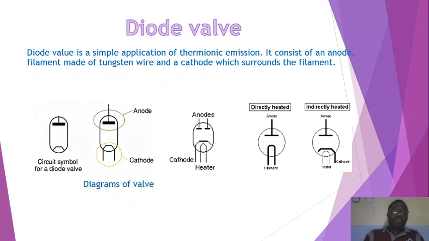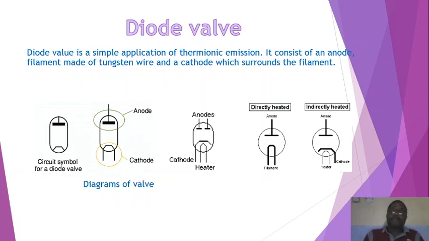Before we begin to discuss the features and the structures, I will firstly tell you that a diode valve is a thermionic device that is mainly used in rectification of alternating currents. That means in conversion of alternating currents to direct currents, we use diode.